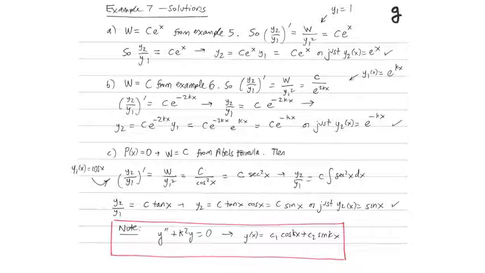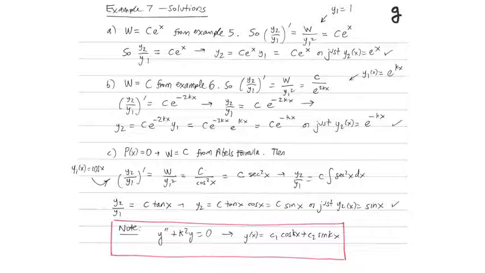So that just gives us (y2 over y1) prime is a constant times e to the x. That's easy to integrate. So integrating that, we get y2 over y1 as a constant times e to the x, which we then solve for y2. That gives us y2 is c e to the x times y1, but y1 is just 1 here. So y2 is c e to the x.